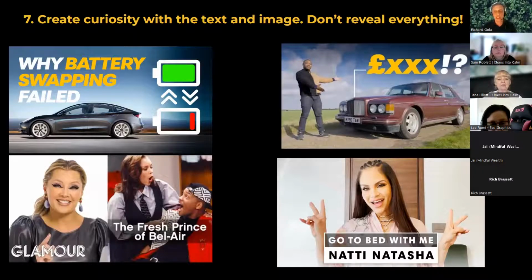You don't reveal everything on the thumbnails. You don't solve the problem on the thumbnail. You want to push them to watch the video till the end, because you will solve their problem in the bonus tip at the end of the video, not at the beginning, not in the titles, and not in the thumbnails.